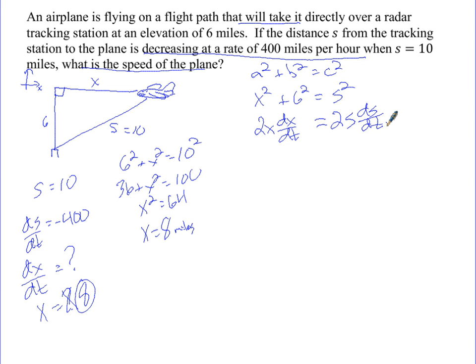Before we do any of that, my recommendation is to solve for what you're looking for. We're looking for dx over dt, so I want to get that by itself. And the only reason I want to do that is because it reduces the chance for making a math error somewhere else. You guys can handle this a lot easier. So I divide both sides by 2x, and I get dx over dt equals 2s over 2x, so that's going to reduce down to s over x, ds over dt.